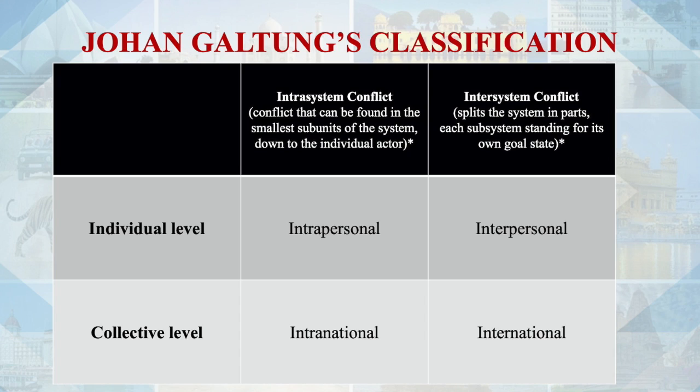Now look at the other level, that is the collective level. We are moving from the individual level to the collective level. Under the collective level, when the conflict is intra-system, it is known as intranational conflict. And finally, international conflict. Always remember, international conflict is at the collective level and at the inter-system level, meaning when the system is split into different parts and each subsystem is standing for its own goal.